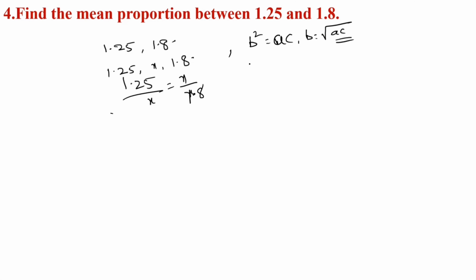Means mean proportional is equal to root of 1.25 into 1.8. What is the answer? 18 into 5, 90. 18 into 2, 36. 36 plus 5, 45. 18 ones are 18. 18 plus 4, 22. So how many decimal points are there? 3 decimal points.